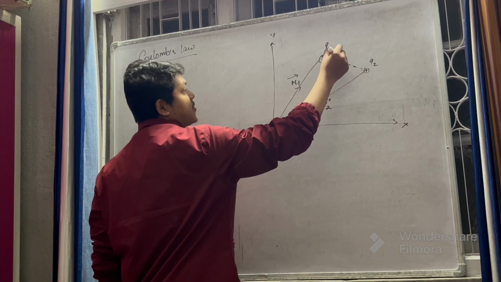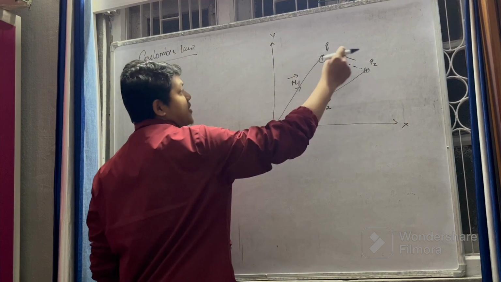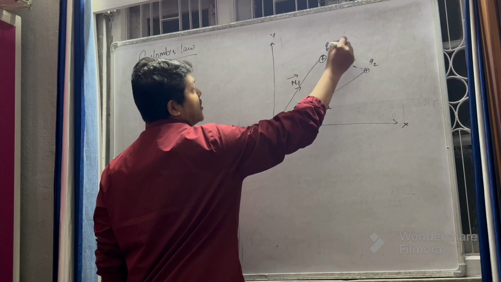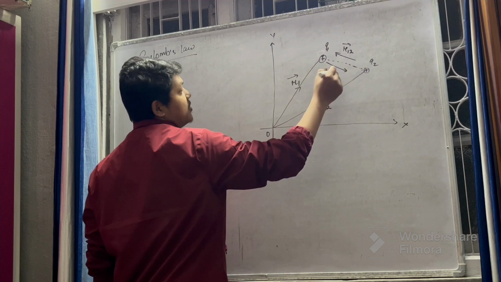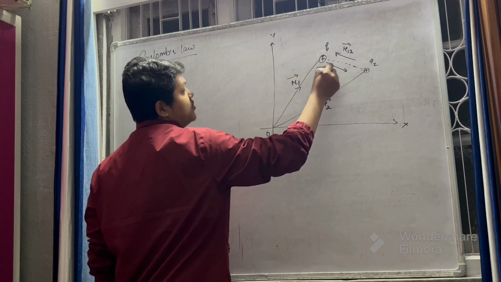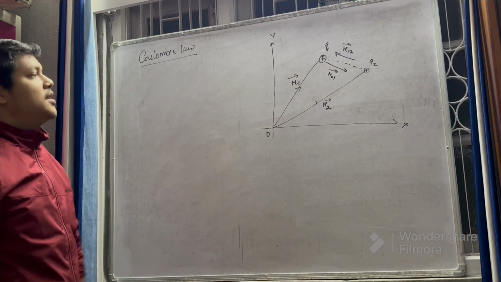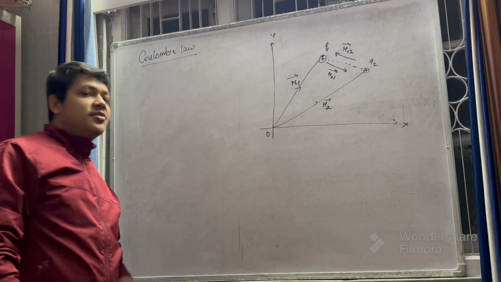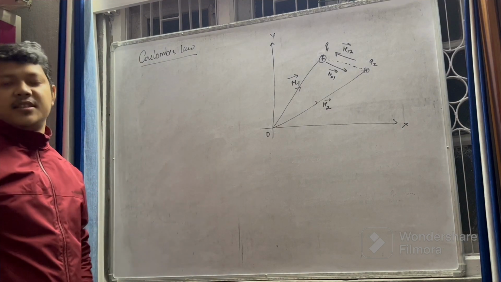And let us consider the displacement towards Q1, in this direction, let it be R12, and the displacement towards Q2, let it be R21, right? We know displacement is also a vector quantity. It must have magnitude as well as direction, right?